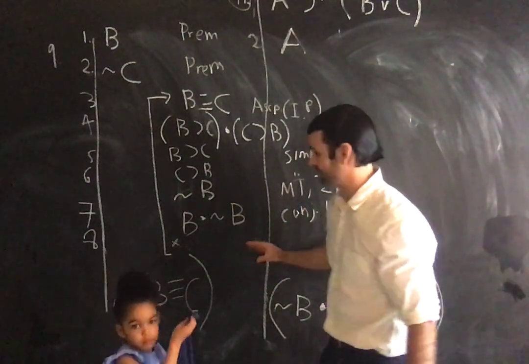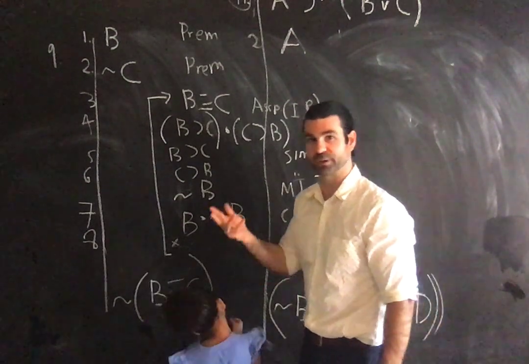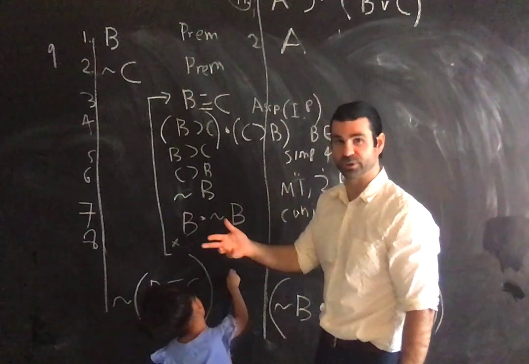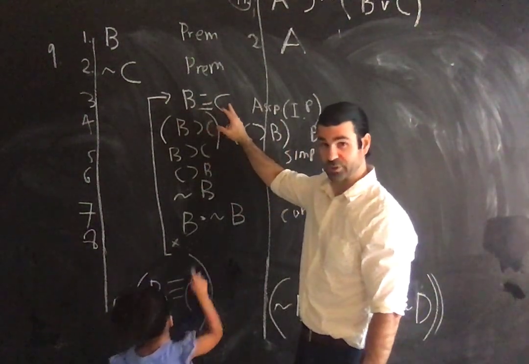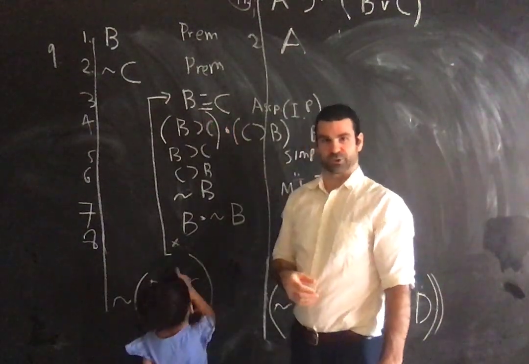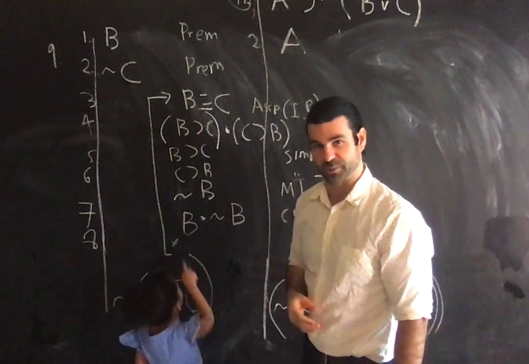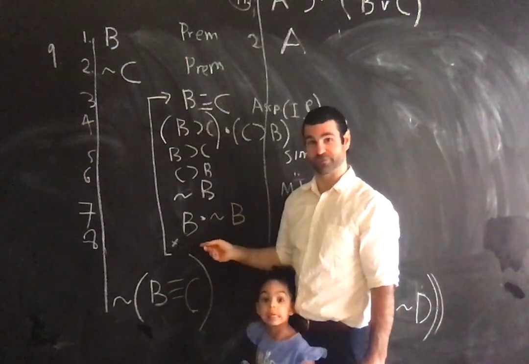I know I can leave the subproof. Remember what indirect proof is? Its other name is reductio ad absurdum, reduction to absurdity, right? I'm reducing the premise to the assumption to absurdity. You think that B biconditional C is true? That's absurd. I'll show you it's absurd. Let's assume that B biconditional C is true. Look, I've derived a contradiction from it.